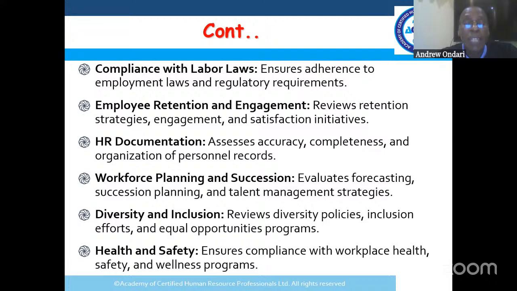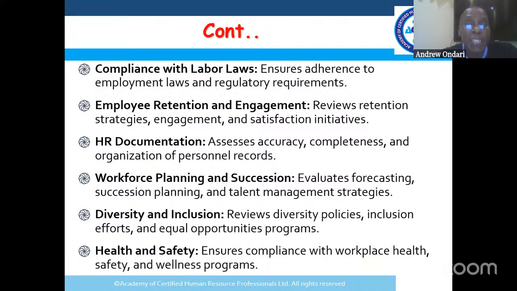So workforce planning is fairly broad, talking about one, headcount, two, focusing on future HR requirements, three, preparing the human resource plan, four, implementing the HR plan, and five, reviewing the plan. So all these are elements that can be audited.